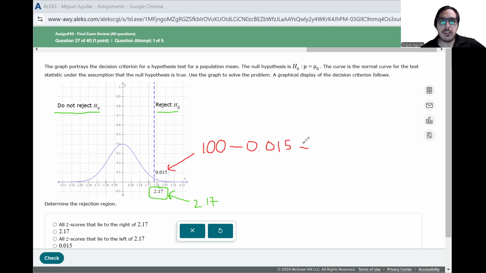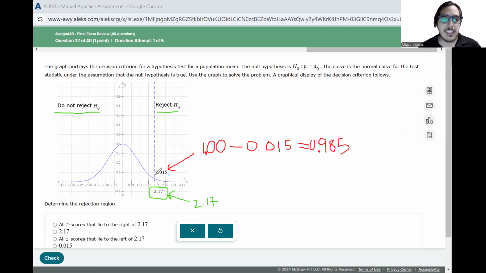So I'm just going to throw that in the calculator really quick. Again, this isn't really doing anything for us. I just want to make sure I know what's going on in this figure. So 1.00 minus 0.015 gives us 0.985.